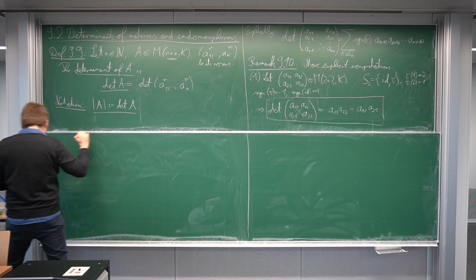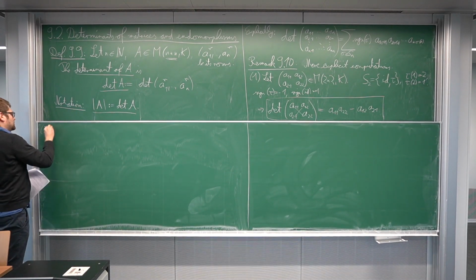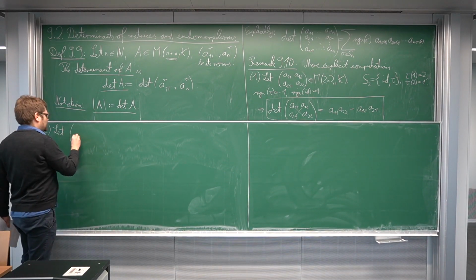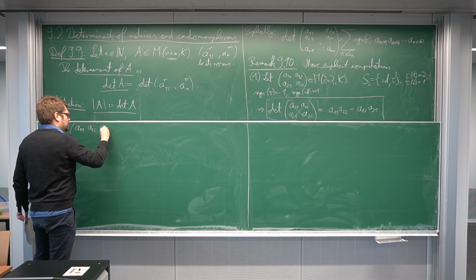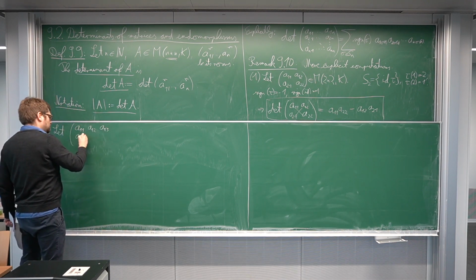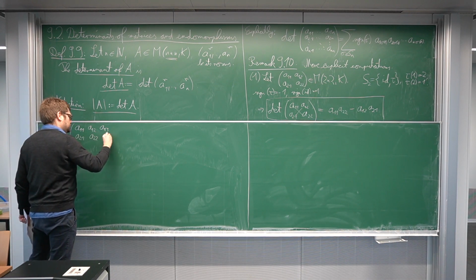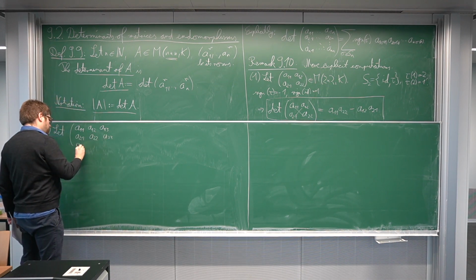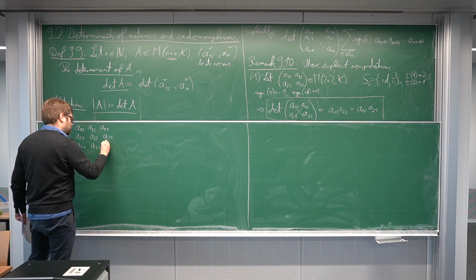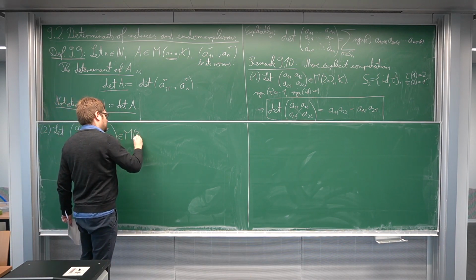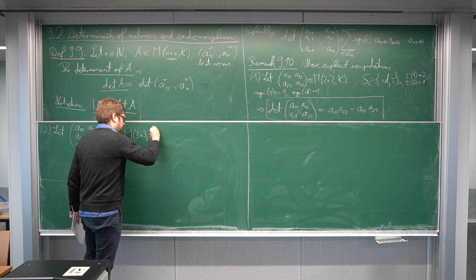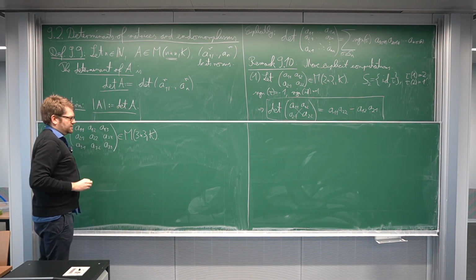Now we take an arbitrary 3 by 3 matrix. This means we have A11, A12, A13, A21, A22, A23, A31, A32, A33. So 3 by 3. Okay, what happens here?